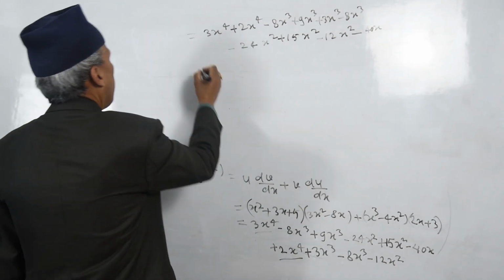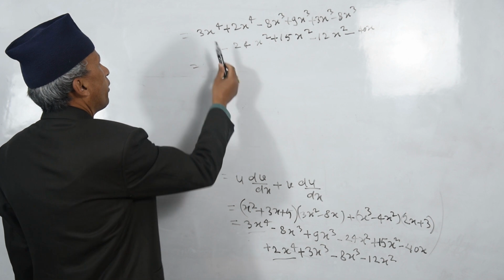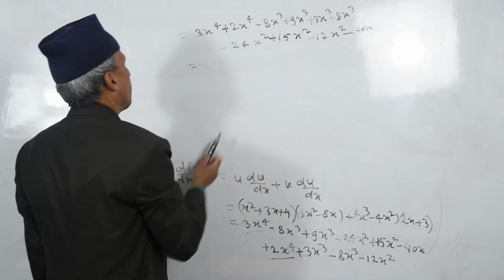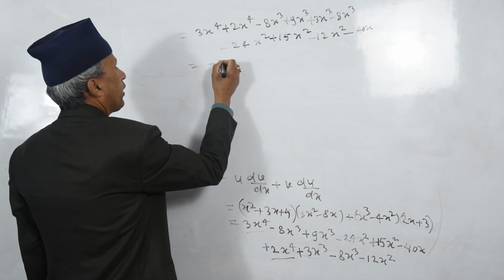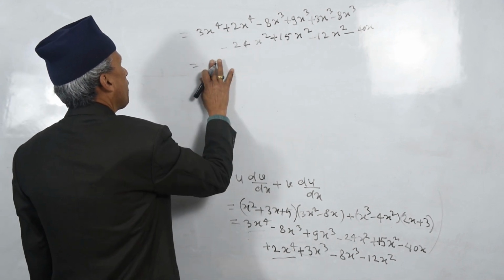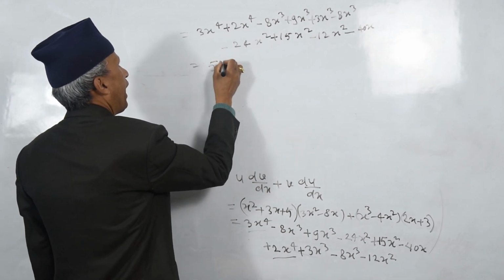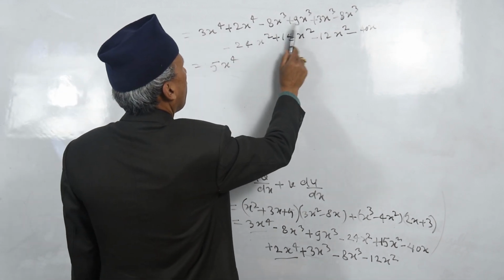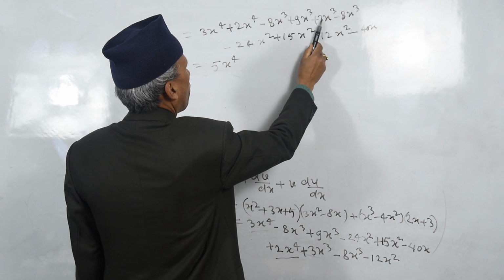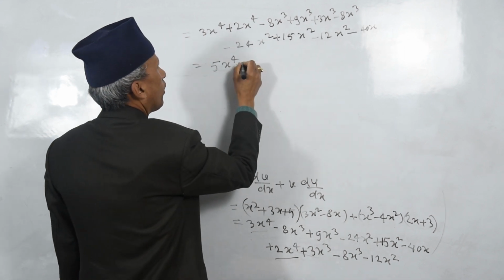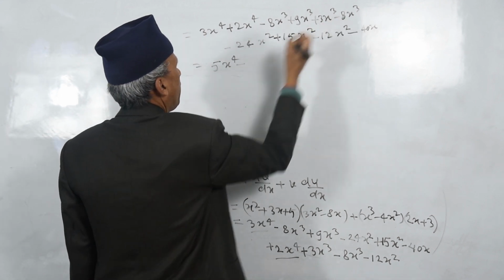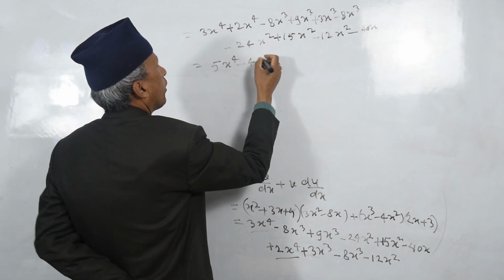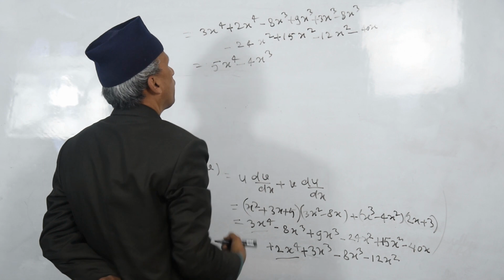Okay, just add the similar terms: 3 plus 2 is 5x to the power 4, then 9 minus 8 is 1, 1 plus 3 is 4, 4 minus 8 is minus 4x cubed.